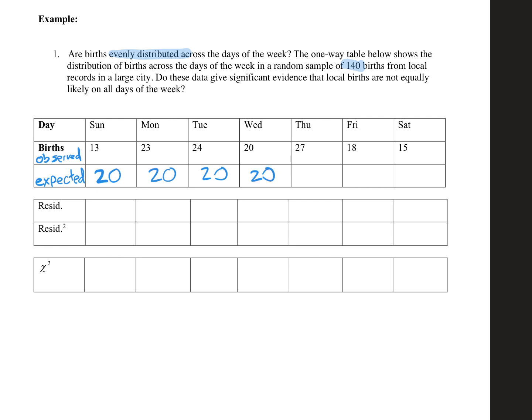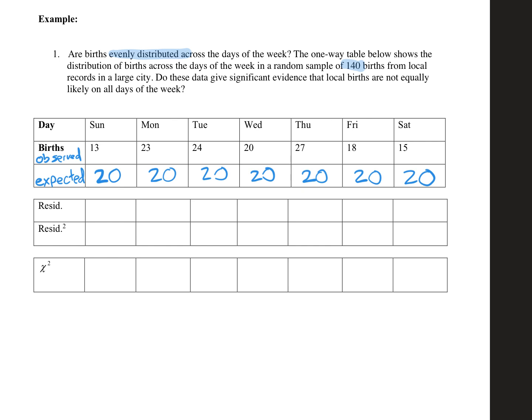Now, the expected number will not always be the same for every single category. So, for example, if I claimed that 10% of babies were born on Monday, 10% Tuesday, 10% Wednesday, 10% Thursday, 10% Friday, and then 25% Saturday and 25% Sunday, then I would have to take those percentages and multiply by the total.